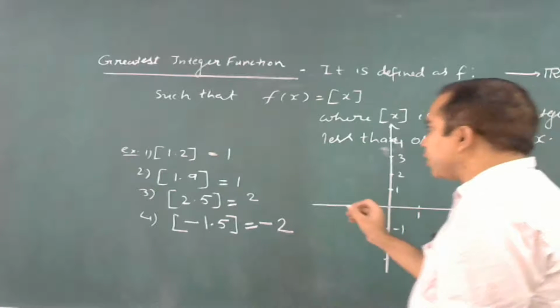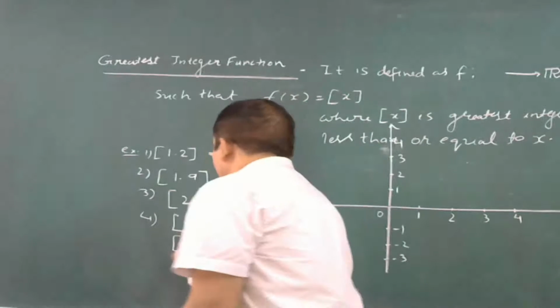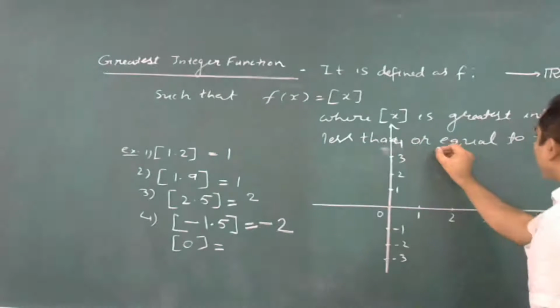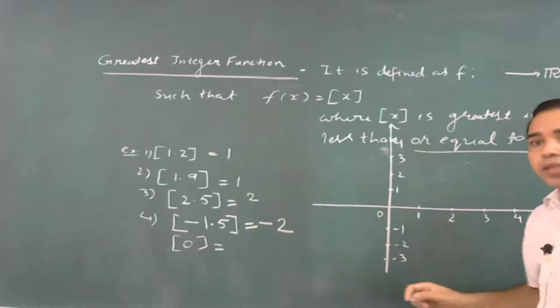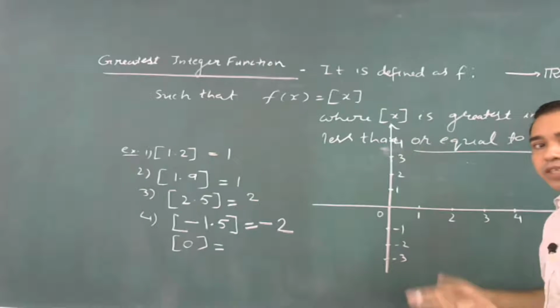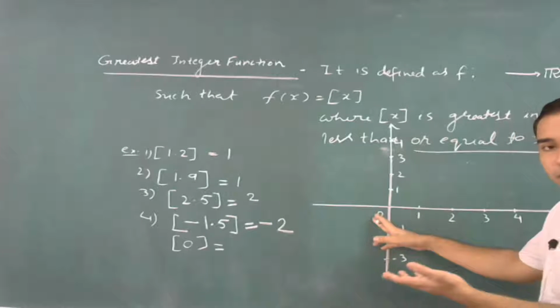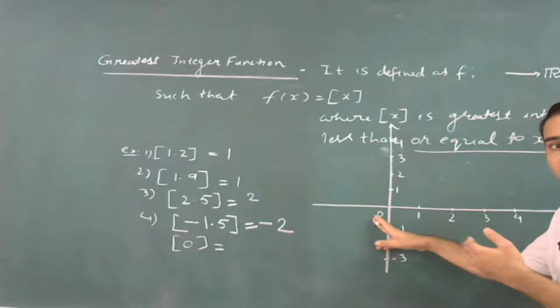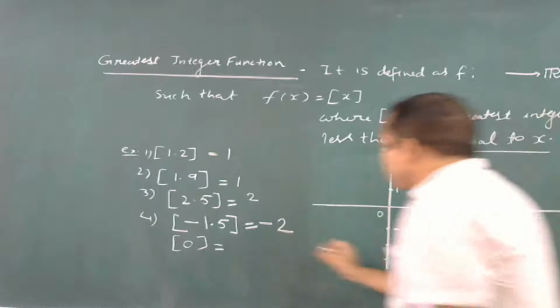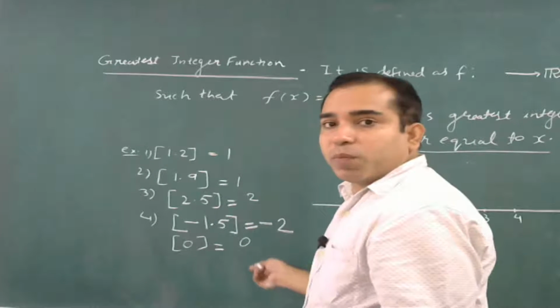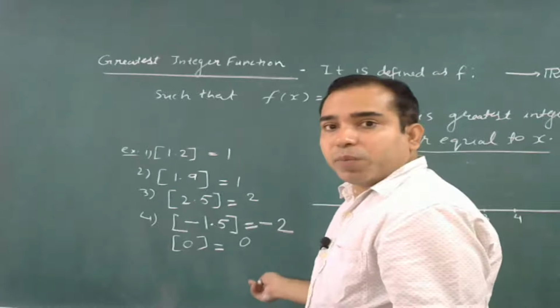What should be the greatest integer value of 0? Watch here, less than or equal to x. The greatest integer value of 0 is the greatest integer which is less than or equal to 0, 0 itself. So its meaning is that if the number is an integer, its greatest integer value will be x only.